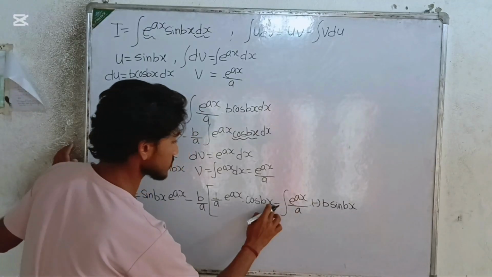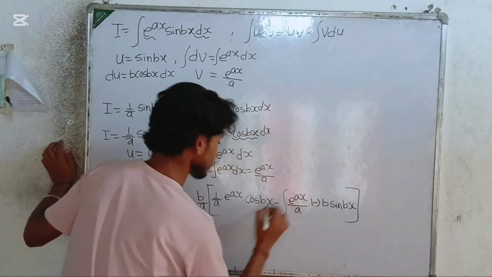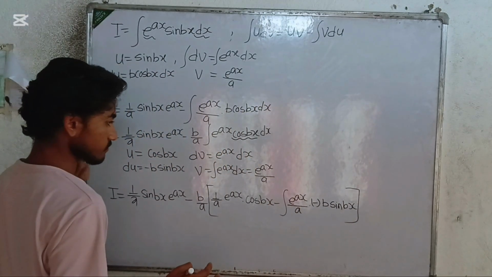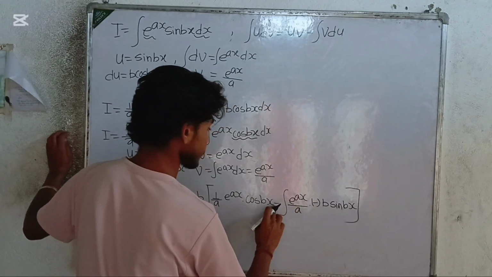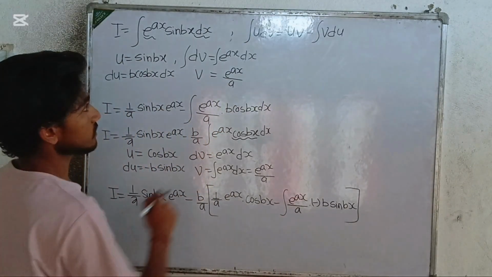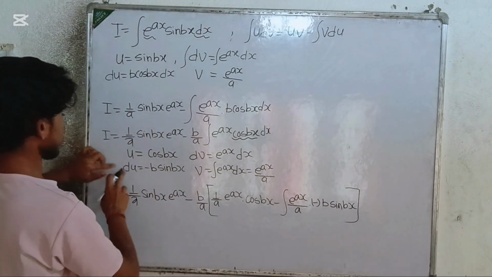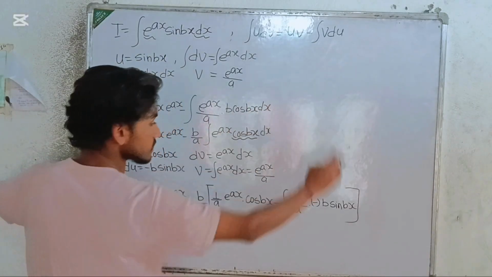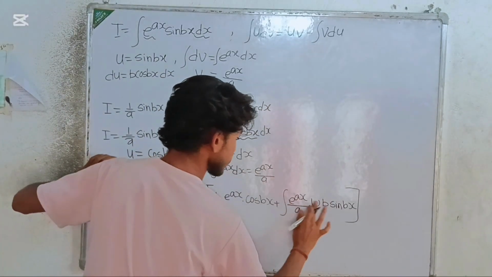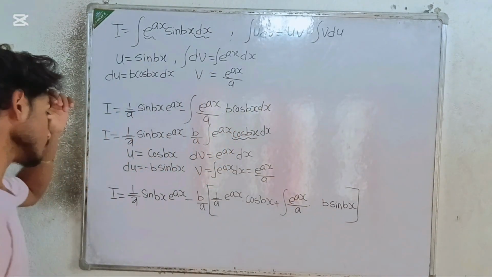This minus and this minus make our integral positive, since du has a minus sign, so we get plus if we remove this negative sign.